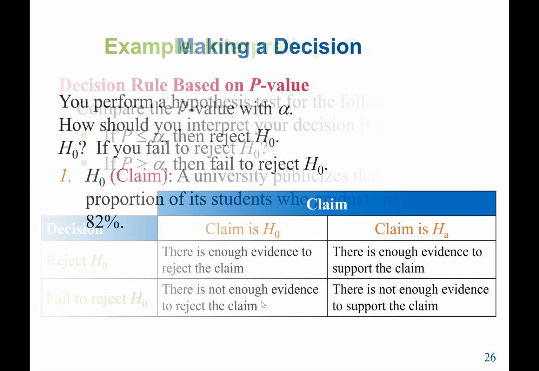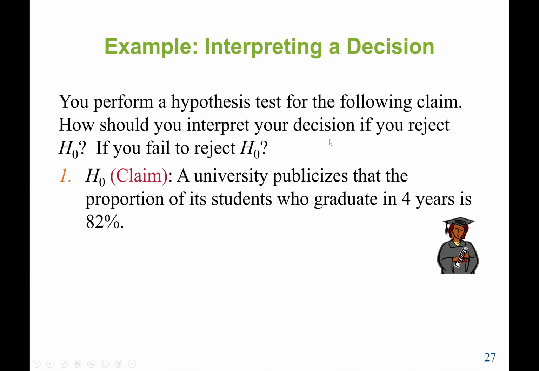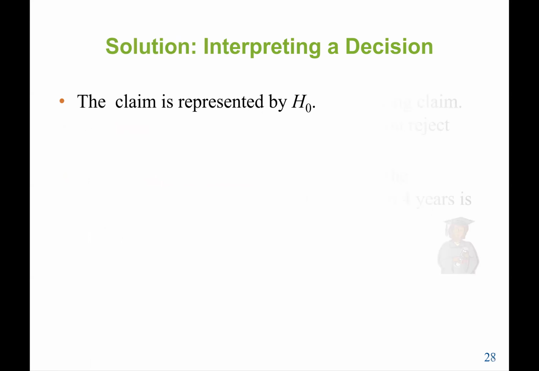So here is another example to interpret a decision. You perform hypothesis testing for the following claim. How should you interpret your decision if you reject HO or if you fail to reject HO? A university publicized that the proportion of its students who graduated in 4 years is 82%.